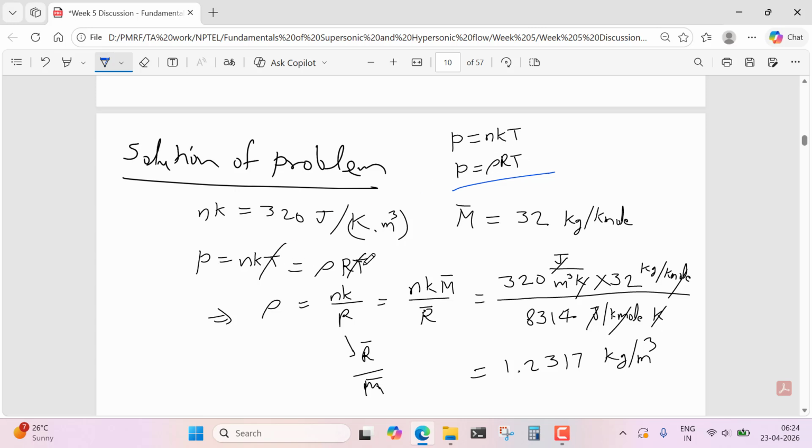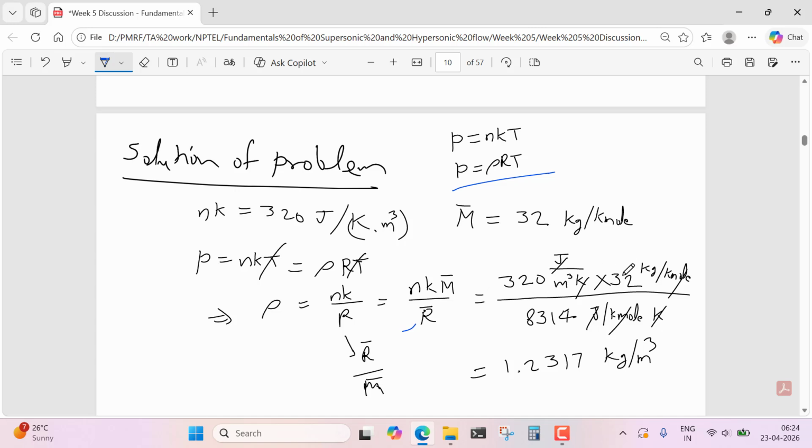So nkT equal to ρRT, T will cancel, so rho will be equal to nk upon R. And we know that R equal to R bar upon M bar. We will substitute this here. Now we put the value of everything. nk value is 320 joule per meter cube Kelvin.